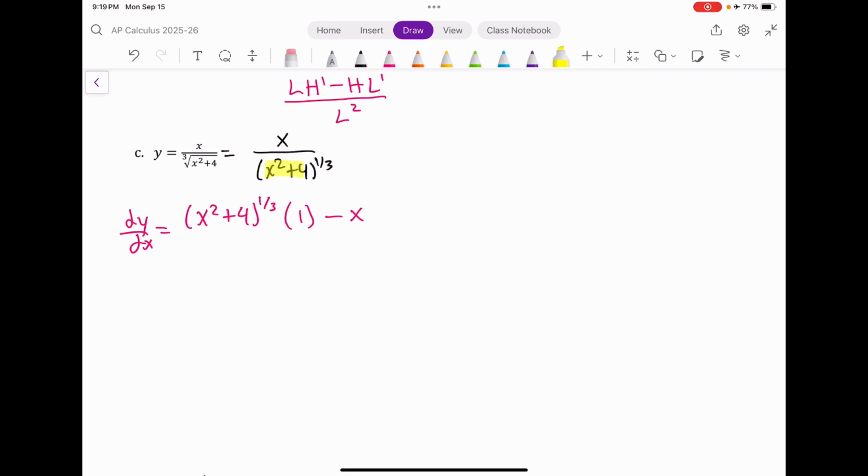The low function. And keep in mind, that's the inside function when we're doing the chain rule here. Okay, so we'll move the 1/3 to the front, of x squared plus 4 to the negative 2/3, and then times the derivative of the inside function, which is 2x. Okay, and then all of this is over the low function squared.